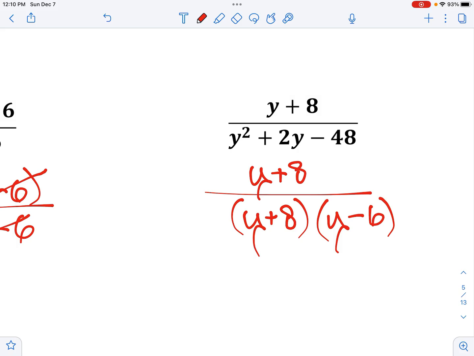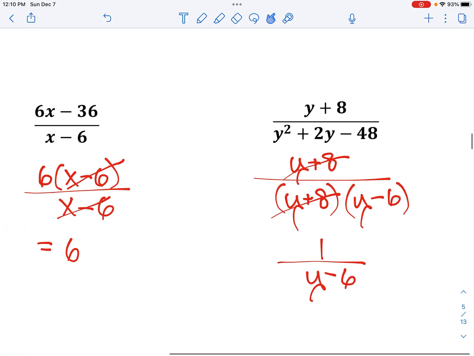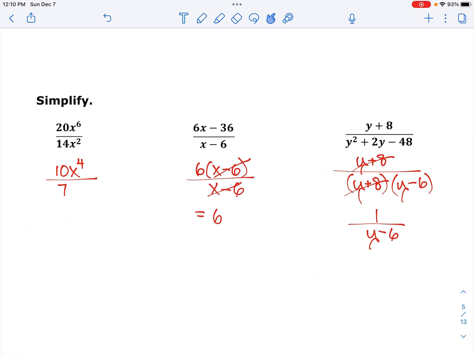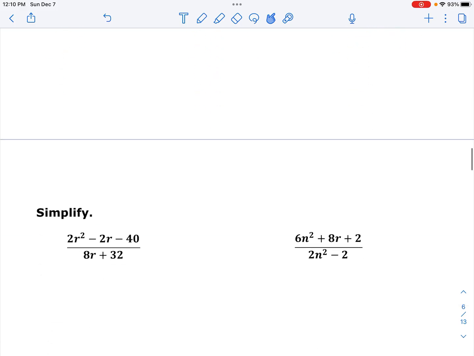And then does anything cancel? Yes, the y plus 8 factors cancel out. I don't have anything on the top, but y plus 8 divided by y plus 8 is 1. I need that placeholder on the top because 1 over y minus 6 is very different than y minus 6 over 1. So make sure that you don't forget that. There we go. We just simplified some expressions.